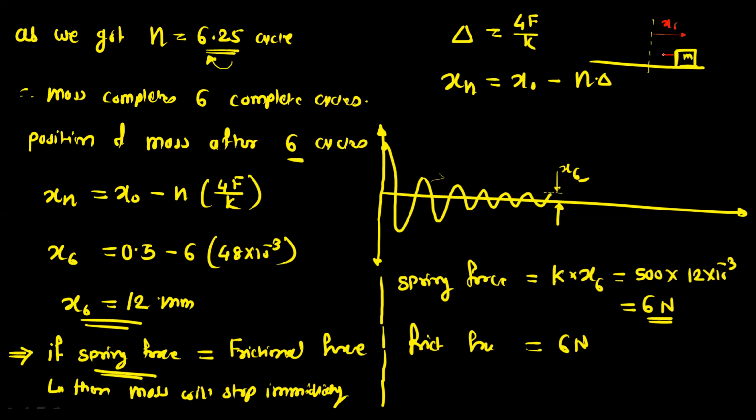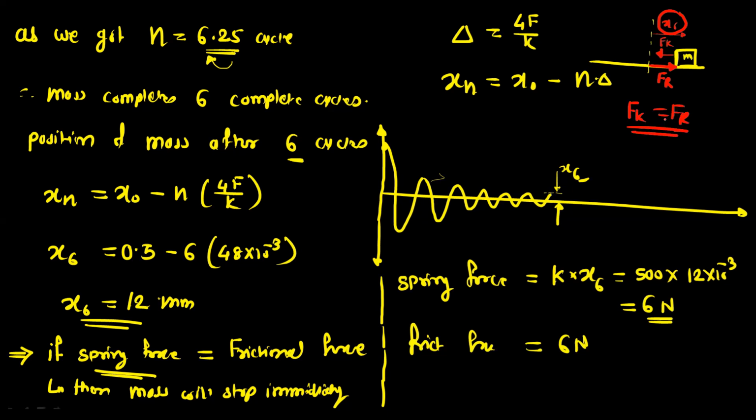So this is the x6. The spring force Fk will try to pull the mass towards the mean position. At the same time, the friction force is opposite to the spring force. So this is the Fr. At the x6 position, both the forces are the same, Fk is equal to Fr.